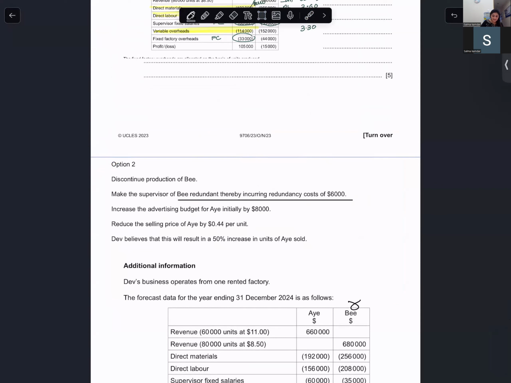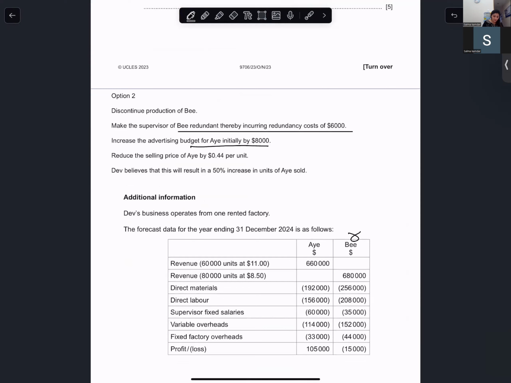Increase the advertisement budget for I initially by 8,000. So there would be an increase in the fixed cost of 8,000, whatever the fixed cost for I is.